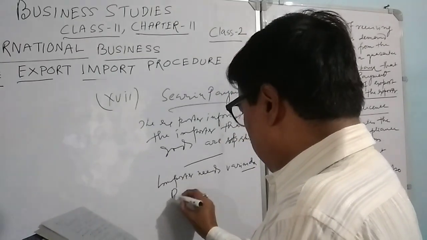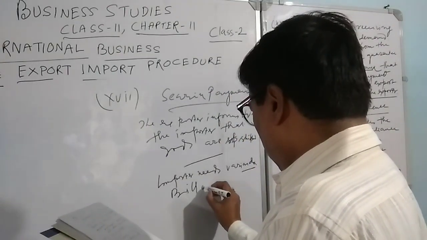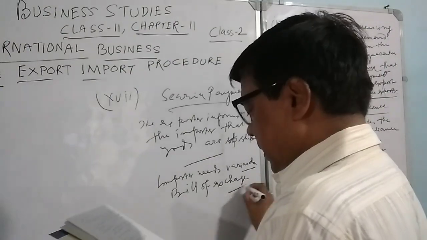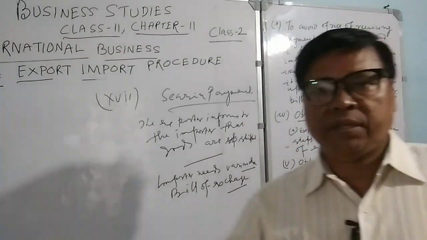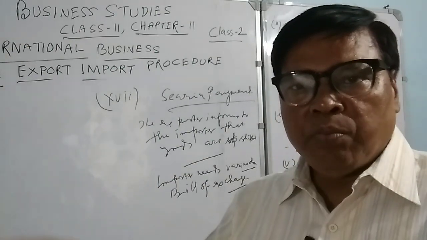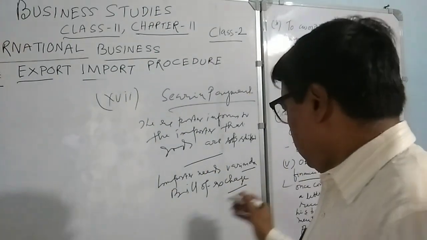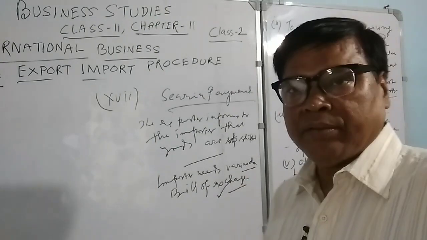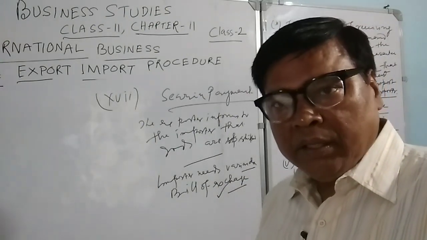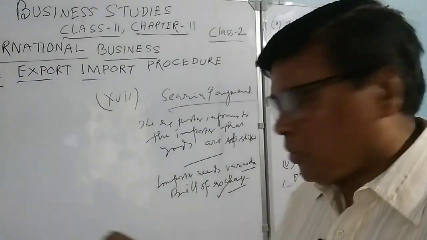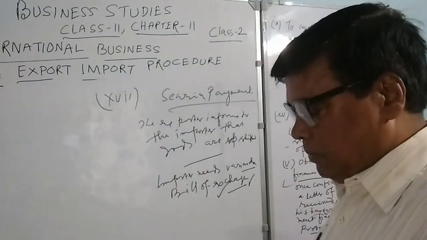Then the bill of exchange. Here is one important document he will have to prepare. A bill of exchange means I will pay a certain amount of money after a certain date. This bill of exchange is issued or created by the exporter and it should be accepted by the importer.